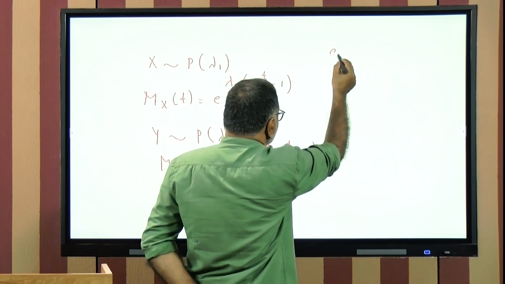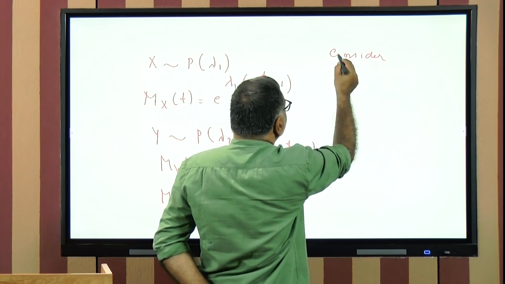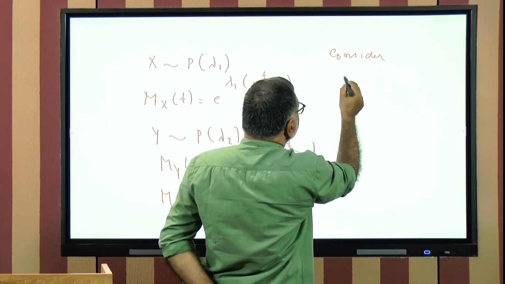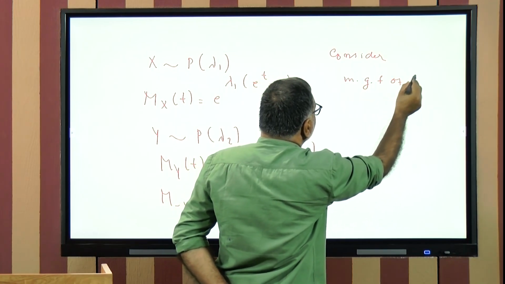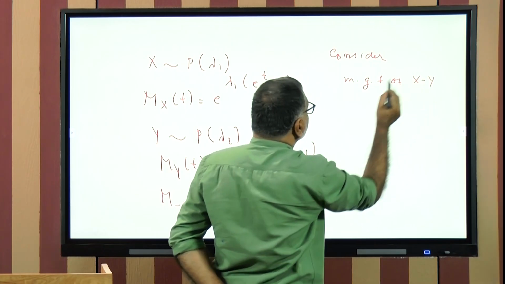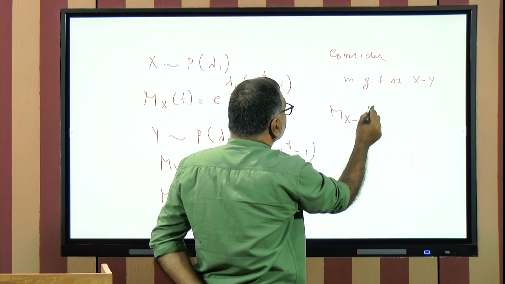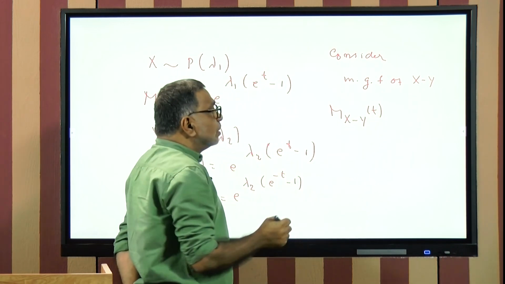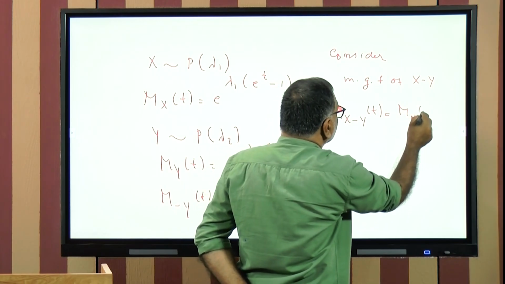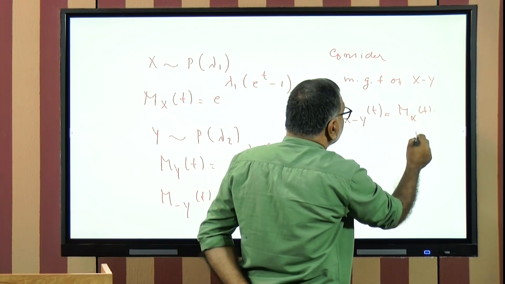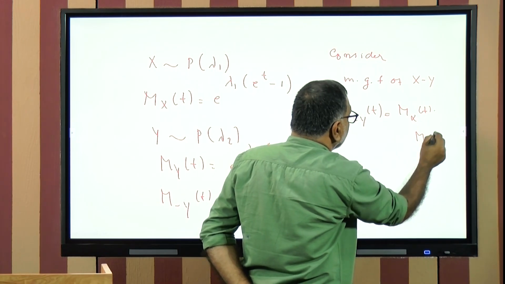Consider the moment generating function of the random variable x minus y, that is M x minus y of t, and that is equal to M x of t into M y of minus t.